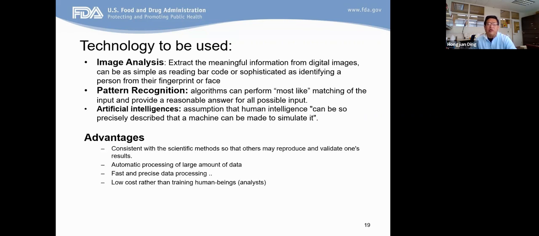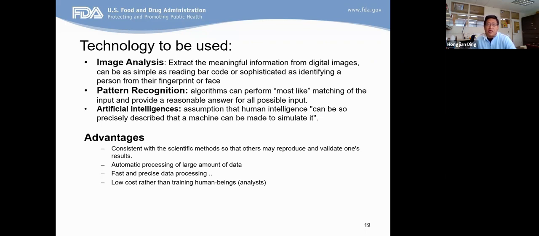So then the advantage of this technology is that it is consistent with the scientific method, so others can reproduce and validate one another's results. Because in FDA, if we find that a product is violative, the first analyst's finding needs a second analyst to confirm it.